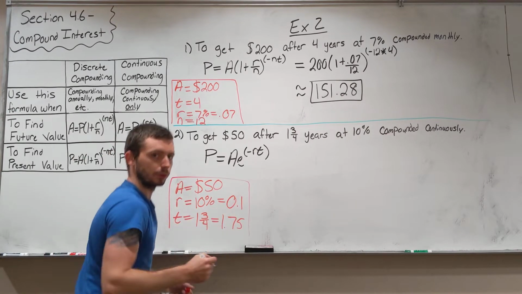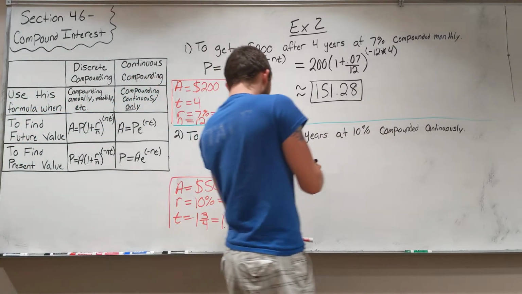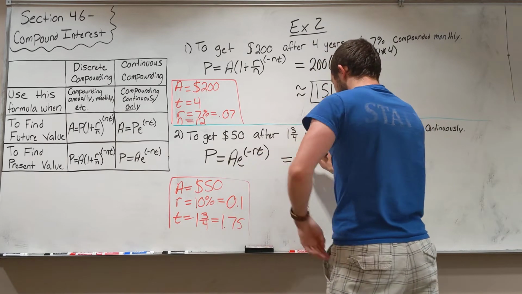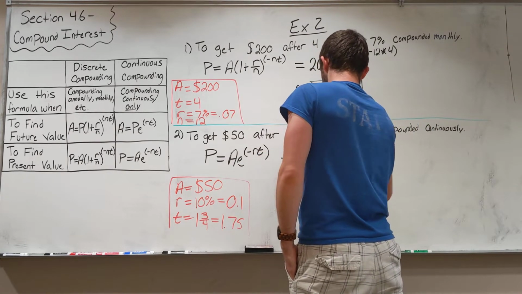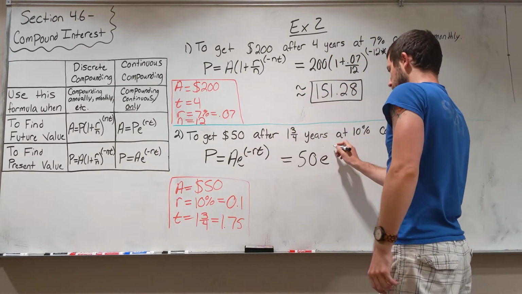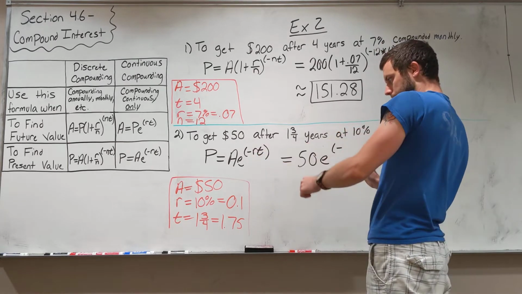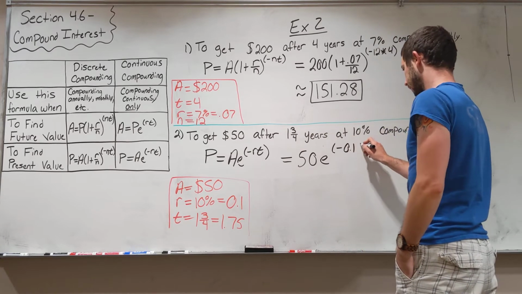And once you have all of your givens here, you can go ahead and plug those in one by one. So the A is 50. Remember, E is just E, so it carries over. Raised to the parenthesis. Again, don't forget the negative. The rate is 0.1.